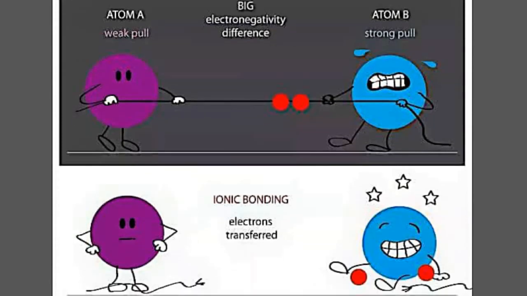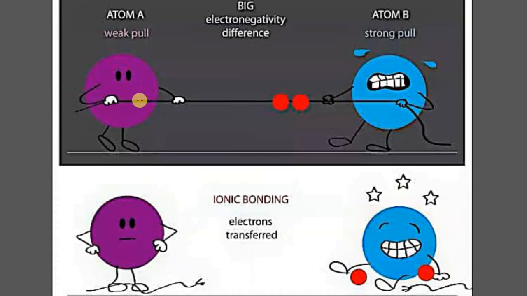In this slide you can see two atoms, A and B. There is a stronger force of attraction from atom B and a lesser one from A, so there is a sharing of the electrons between both, but the electronegativity difference is more, because of which one atom is able to pull the electrons towards its side more strongly than the other, and the other becomes weaker in its electronegative character.